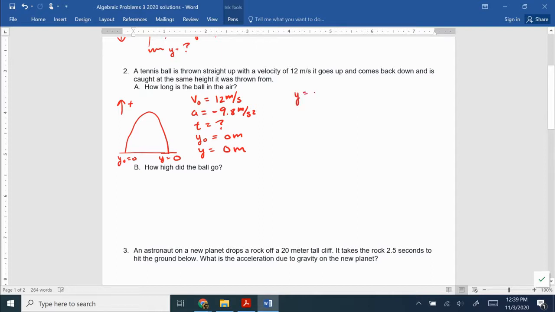So then 0 is equal to 0 plus v naught, which is 12, t, plus one half a t squared.